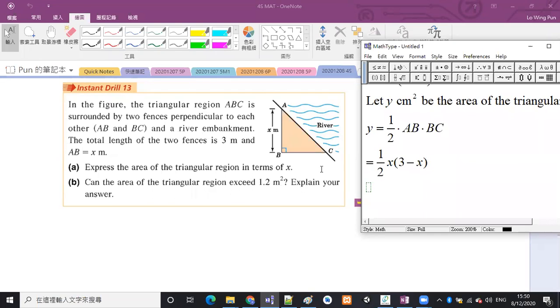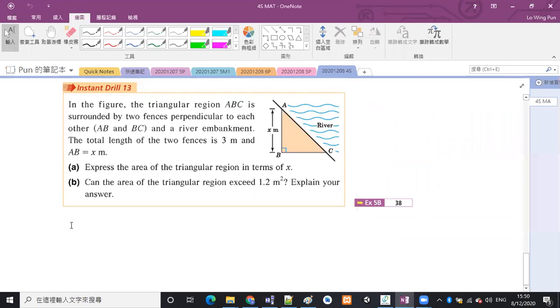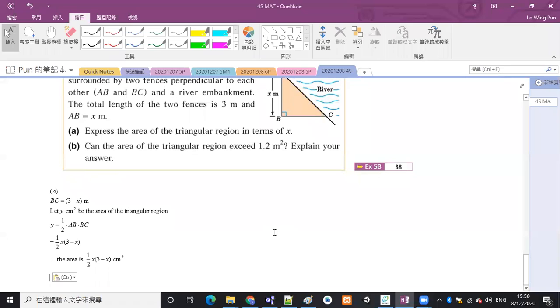Okay, therefore, the area is 1/2 times x times 3 minus x cm square. Okay, because we just want to express the area of the triangular region in terms of x.